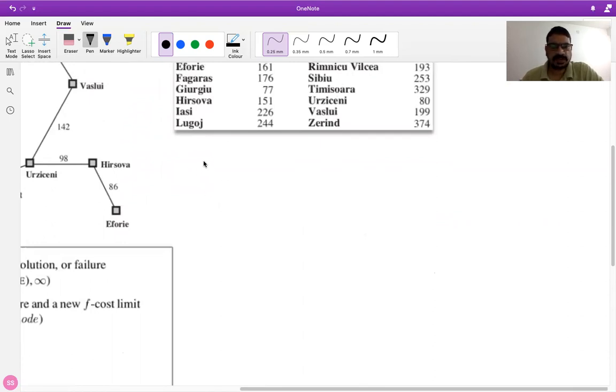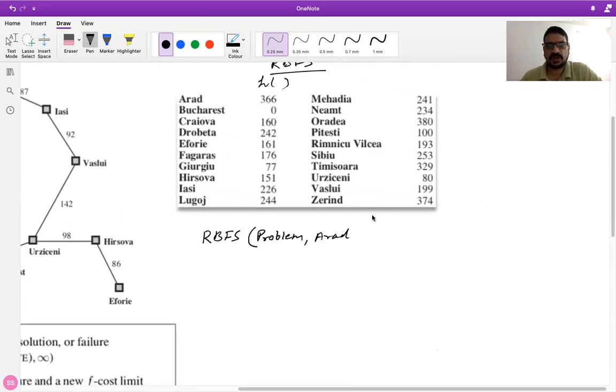So I'm writing a function which is called recursive best first search. It is taking the problem and the node. First it is Arad, so Arad is my initial node, and the F value here is infinite.